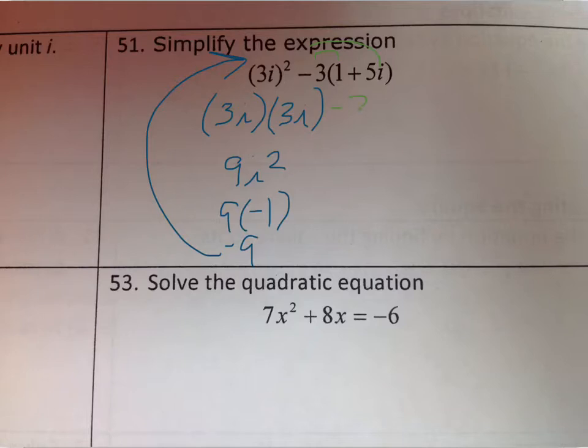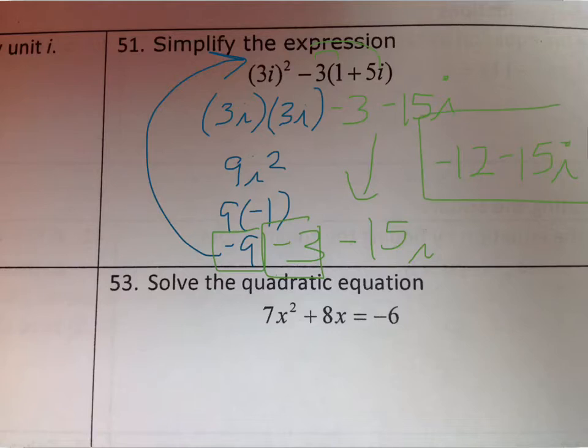So that's minus 3 minus 15i. If I bring that down here, minus 3 minus 15i, that was already simplified. Negative 9 and negative 3 combined to give you negative 12. And then there's nothing for the negative 15i to combine with. So negative 12 minus 15i is your answer there.